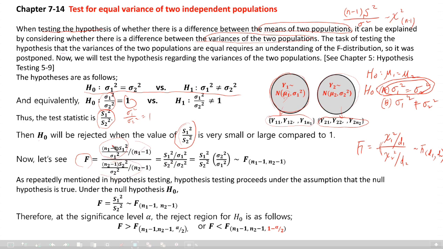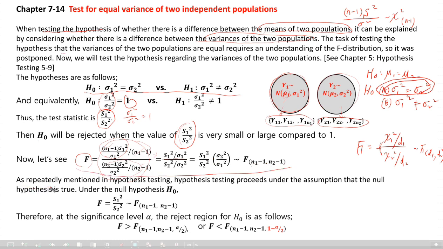Then the degrees of freedom cancel out. So S1 square over sigma 1 square divided by S2 square over sigma 2 square, simply like this, is S1 square over S2 square times sigma 2 square over sigma 1 square, right? It follows an F distribution with degrees of freedom n1 minus 1, n2 minus 1. You catch it?